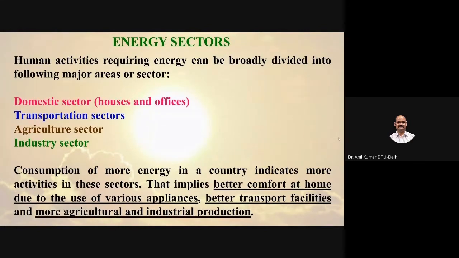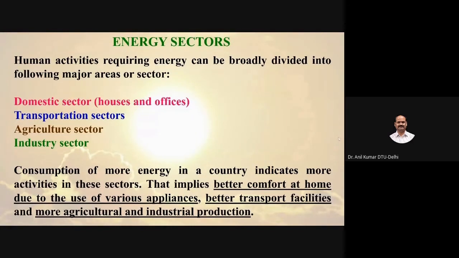In the energy sector, we can classify consumption into domestic, transportation, agriculture, and industry. More and more energy consumption in these sectors means more and more facilities we are availing.